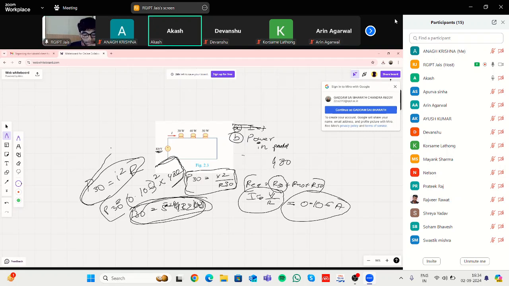After applying that, the total current in the circuit is around 0.09. What's the total resistance you've got? 1228. 1128. Let me check. What are your values? 480 plus 360 plus 288.